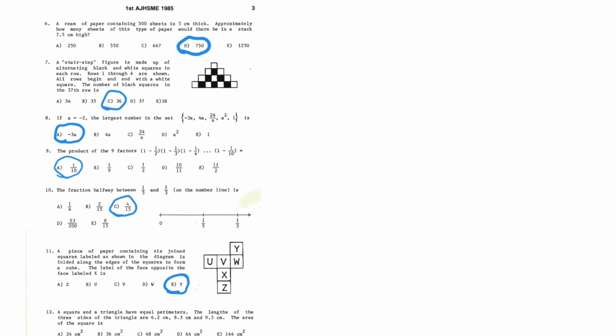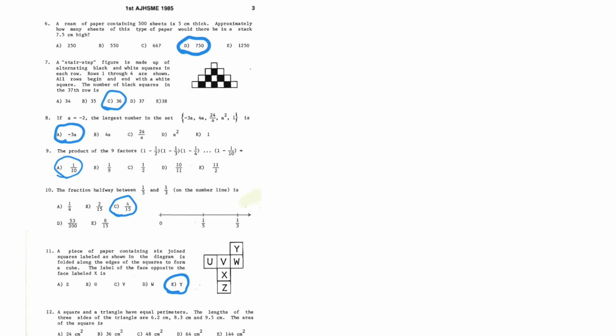Number 12. A square and a triangle have equal perimeters. The lengths of the 3 sides of the triangle are 6.2, 8.3, 9.5 cm. The area of the square is.